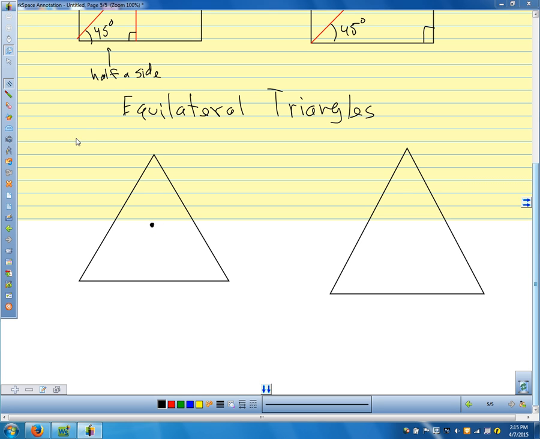There's our center. There's our apothem. There's our radius. So there's our center, there's our apothem, there's our radius.